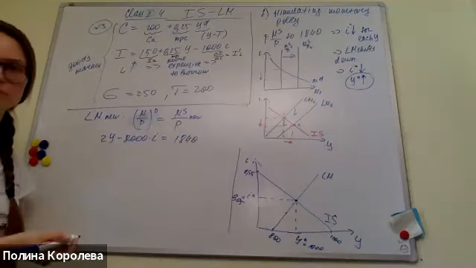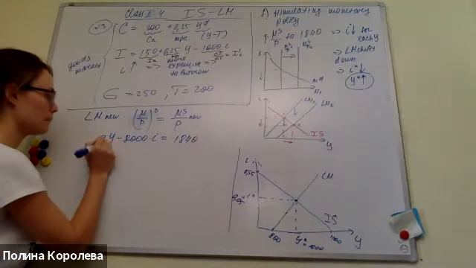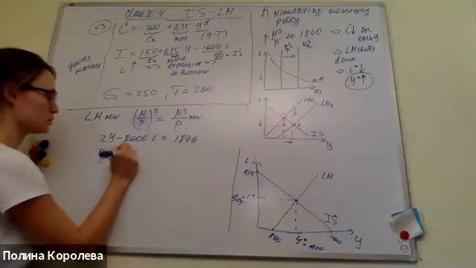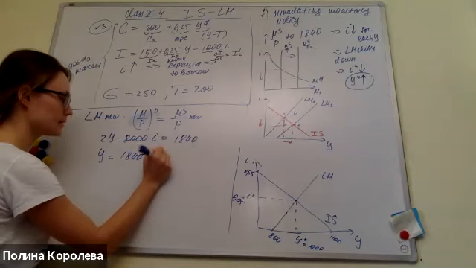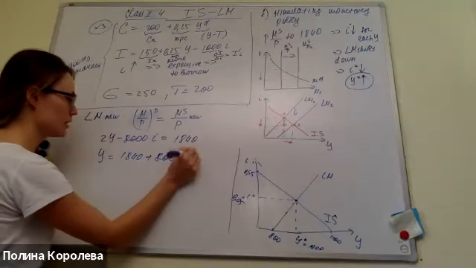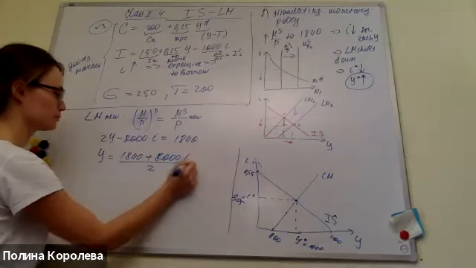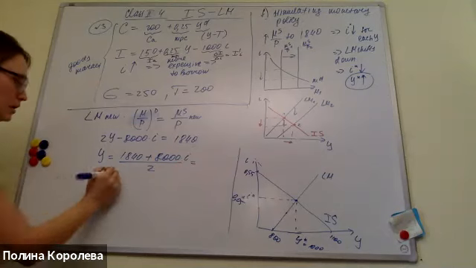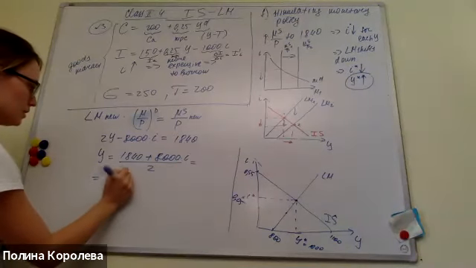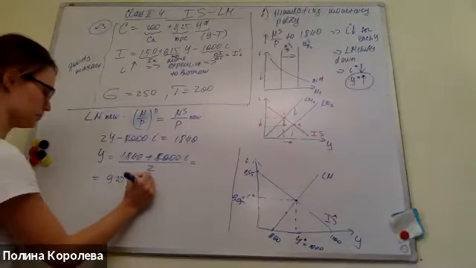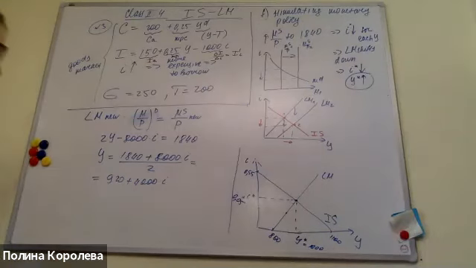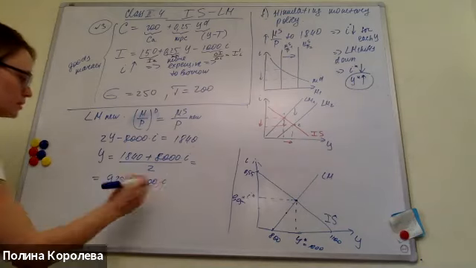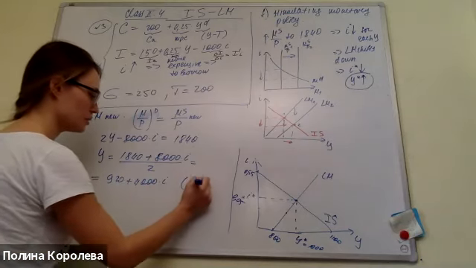From here we find the new equation for the new LM. Y equals 1,840 plus 8,000 I, over 2. And this is 920 plus 4,000 I. So this is the formula for the new LM.